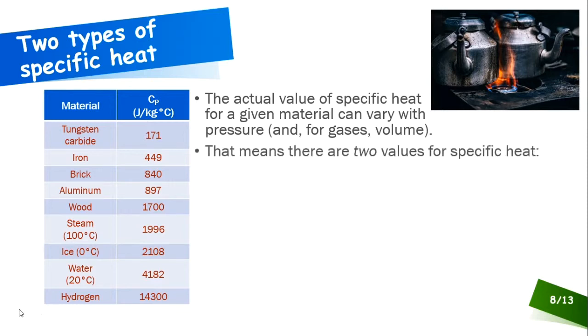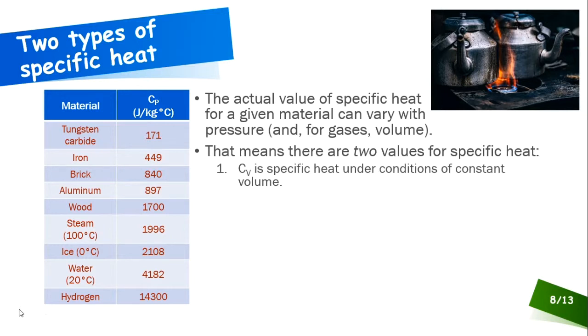So there's really two different values for specific heat that a lot of materials have, because a lot of the heat retaining and transferring ability that we're using with materials, we're talking about materials that are in the gas state. So there's two values of specific heat.